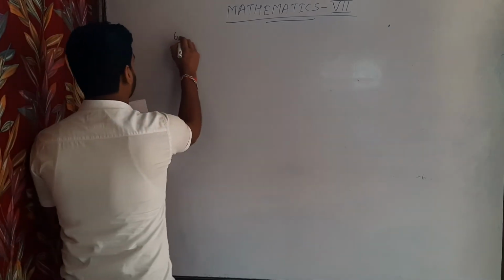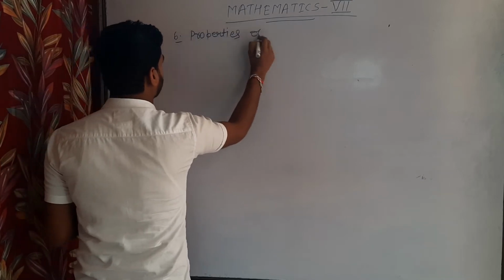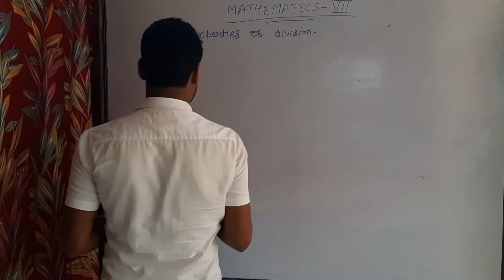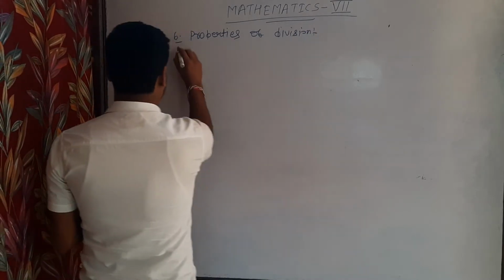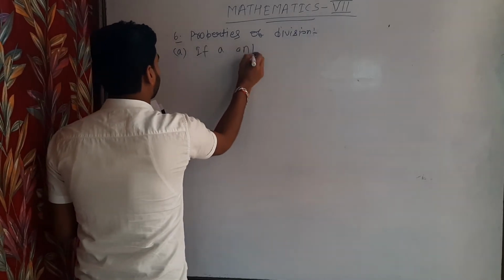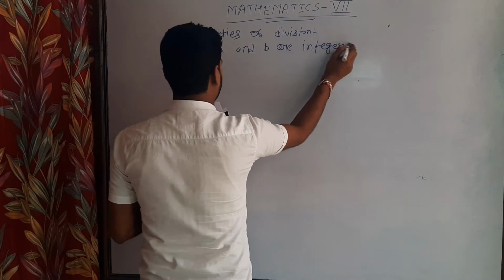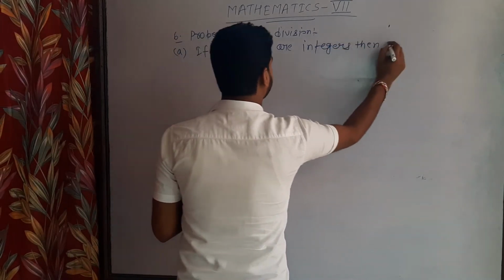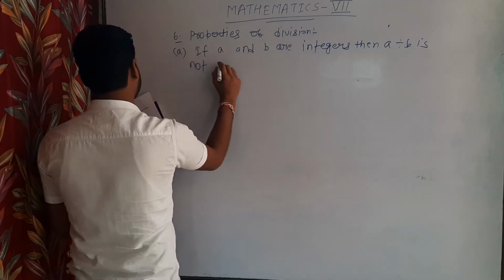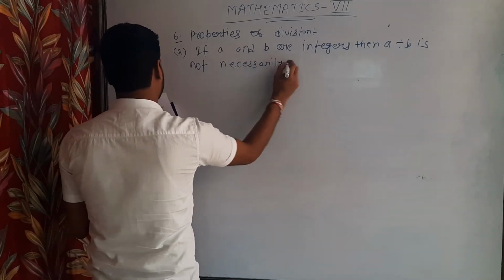Six, properties of division. First, if a and b are integers, then a divided by b is not necessarily an integer.